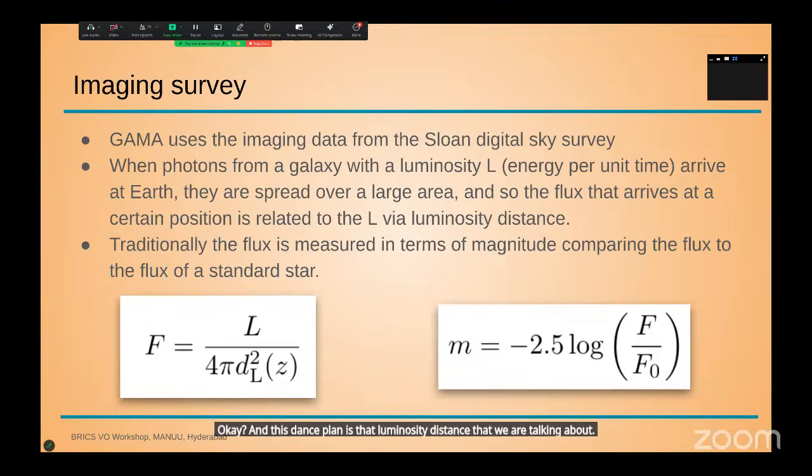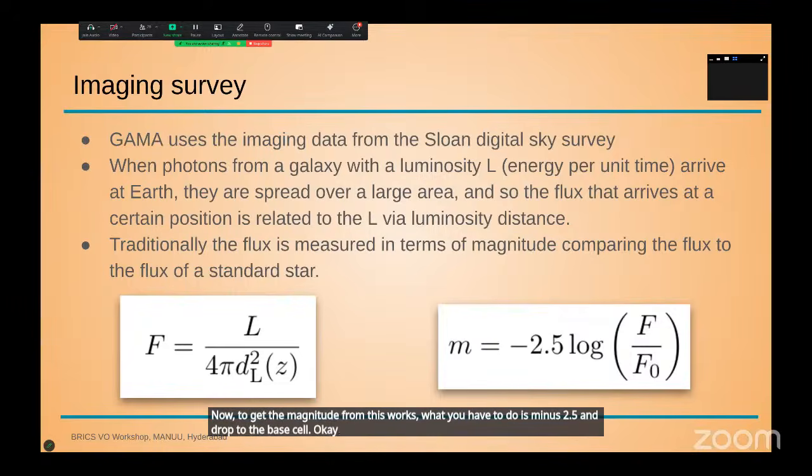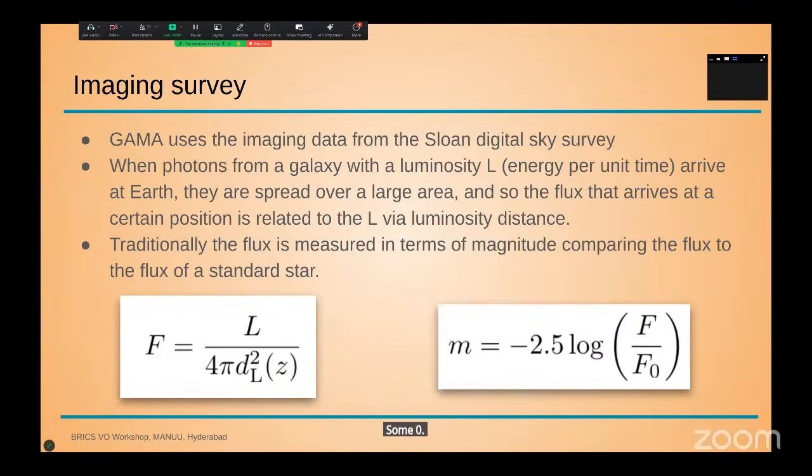Now to get the magnitude from this flux, what you have to do is minus 2.5 log to the base 10 of the flux divided by some F0, some zero point flux. So that is how astronomers define magnitudes. So flux compared to some zero or some normal flux.